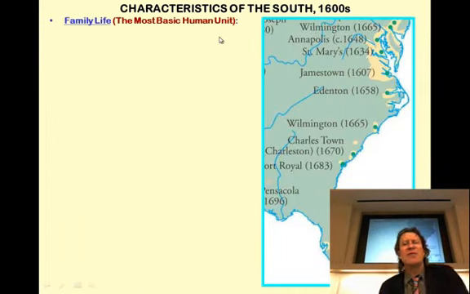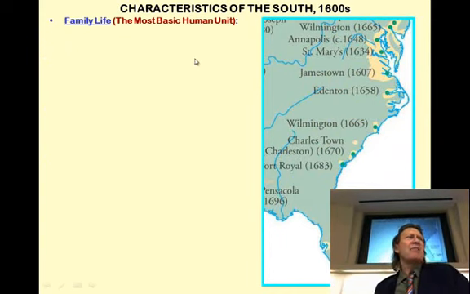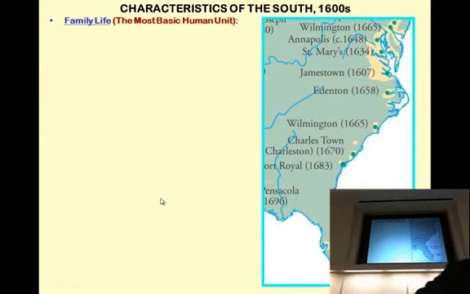Now, family life is the most basic human unit. Human beings want to establish family. It was the tradition of the monogamous household, a man and a woman, that had become deeply entrenched in Western civilization, not necessarily in other civilizations like Islam, where they do permit polygamy.